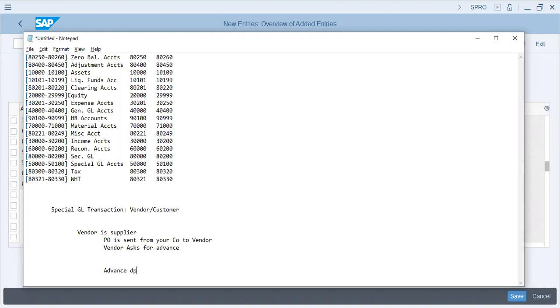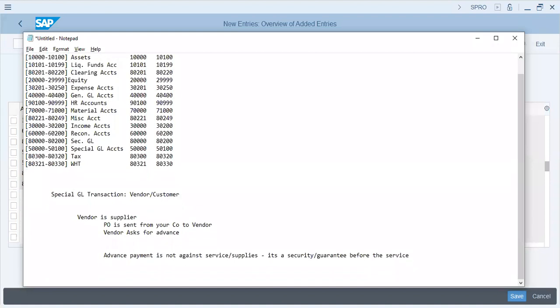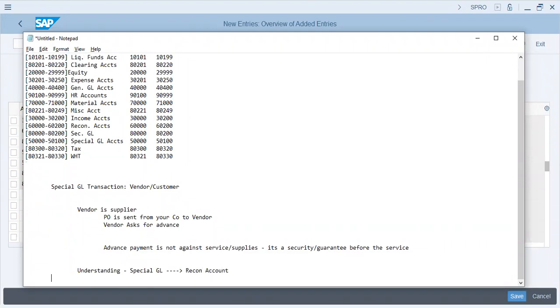Advance payment is not against any service or supplies. It's a security guarantee before the service. Okay. Before the service is established, vendor wants an understanding. That understanding is managed, controlled, and recorded by special GL. And special GL is by nature a recon account. Okay.